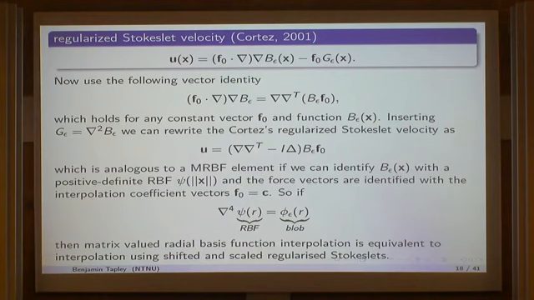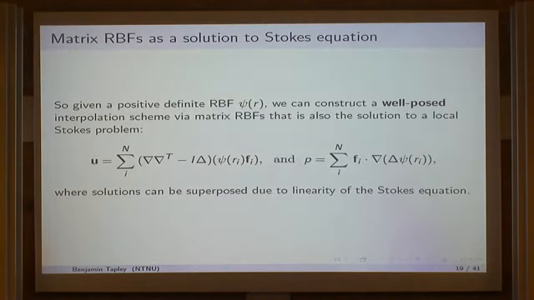And that's extra good because now we can just lean on all the theory that has been proven with these radial basis functions. And these have been studied for 50 years, so we've actually just kind of piggybacked on that. So we know that if we do interpolation via regularized Stokeslets, it's exactly the same as matrix radial basis function interpolation, which is fantastic.